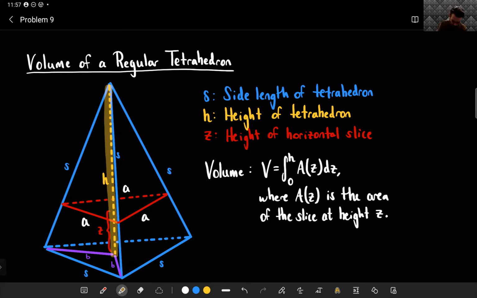At the bottom, it touches the orthocenter, the center of that base. Extending from that orthocenter, I've drawn two lines in purple, extending to two of the corners of the base. It'll become apparent why I've done that shortly.